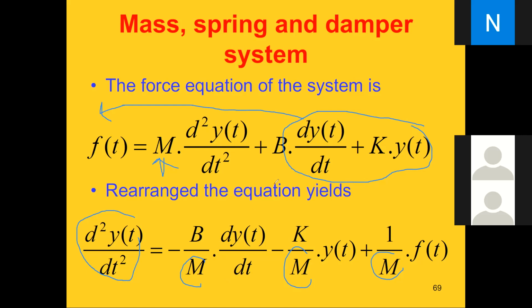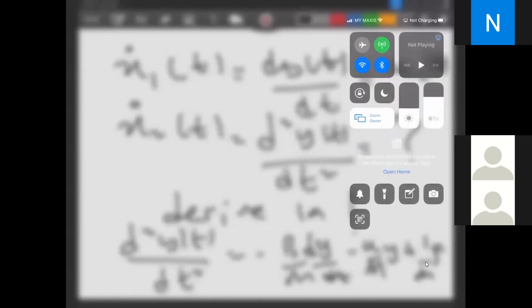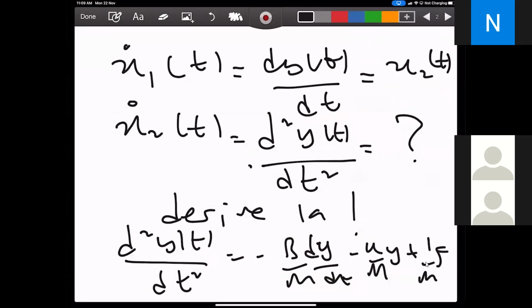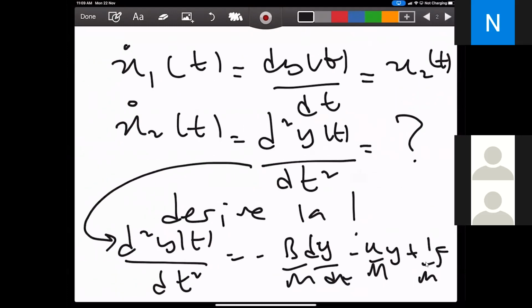If I move back to the iPad, the d square y over dt square we derived, so x2 dot now becomes: what is y? y is x1. dy/dt is x2. And f is the input u.